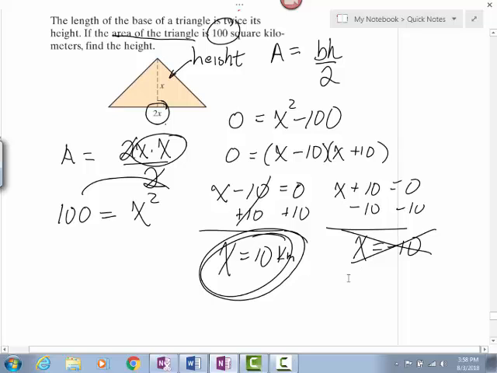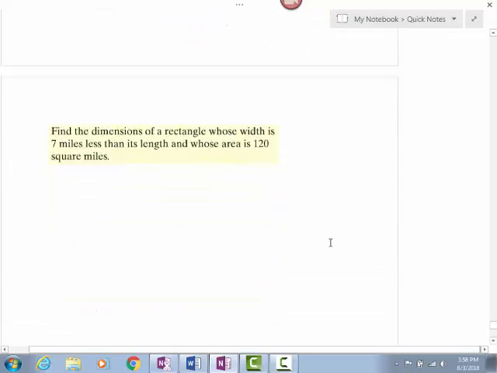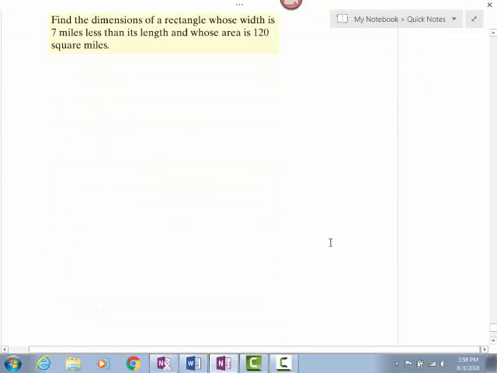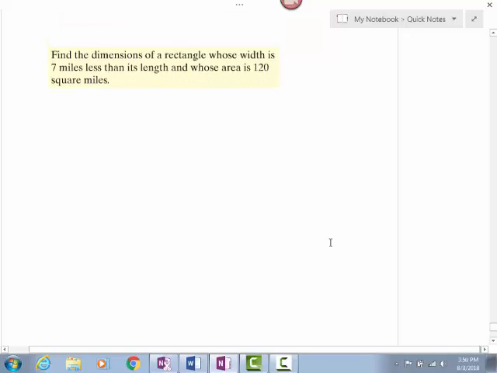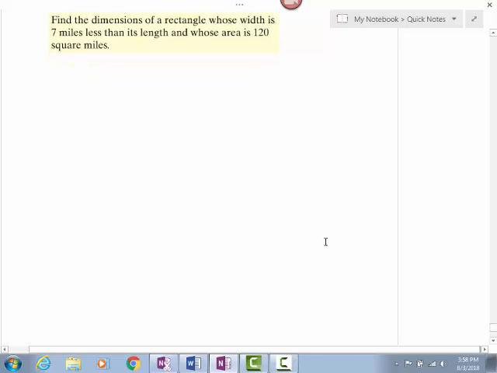All right. So the last problem here out of 13.7 says find the dimensions of a rectangle whose width is 7 miles less than the length and whose area is 120 square miles. Okay, so first thing, why don't we just draw a little simple rectangle. It says the width is 7 miles less than the length.